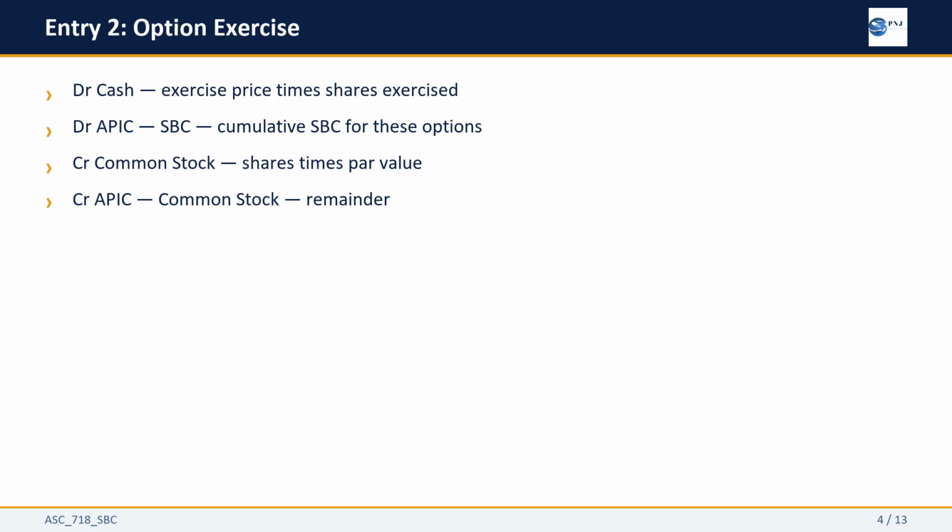The entry clears the SBC accumulated in APIC-SBC and converts it into paid-in capital that reflects the actual shares issued. The net result on stockholders' equity is unchanged by the reclassification within APIC. Cash comes in, shares go out, and the APIC-SBC balance is transferred to the regular APIC account.